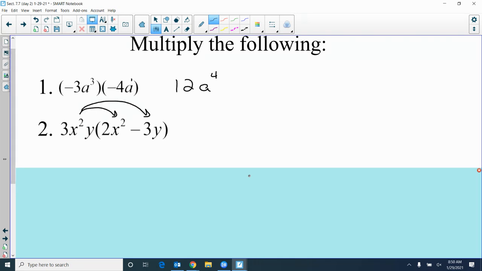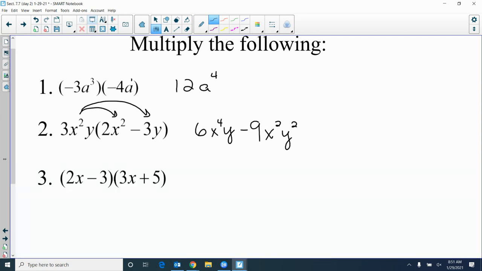What should we get for the first one? 6x to the 4th, minus 9x squared y squared. 3 times 2 is 6. x squared times x squared is x to the 4th. You still got that y, it's got to be there. 3 times a negative 3 is negative 9. We got an x squared, and y times y gives me x squared y squared. So that would be our answer for number 2.